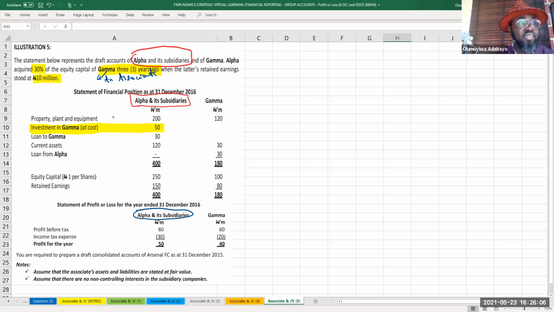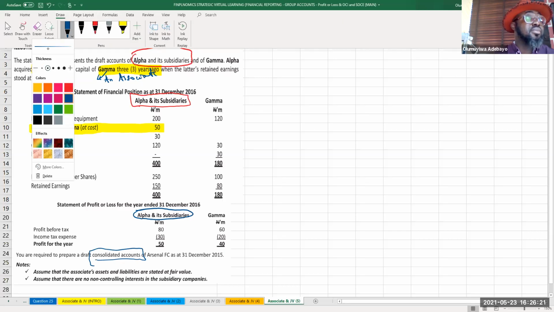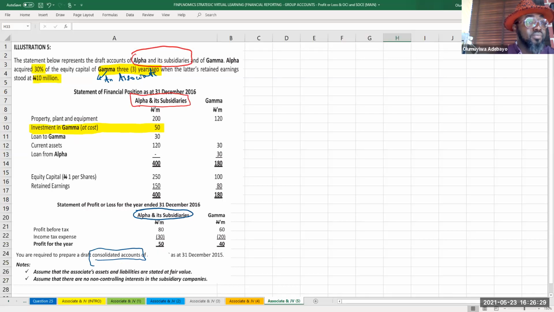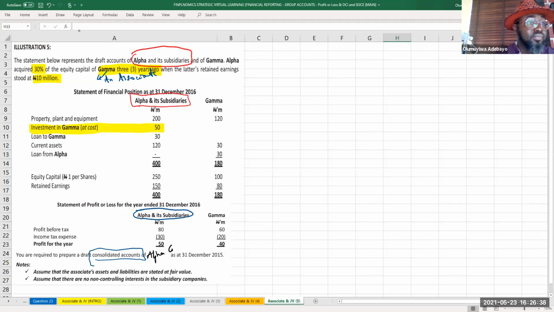Now we are told to redraft the consolidated accounts of Alpha Group.